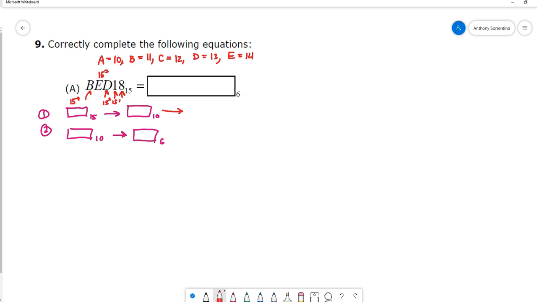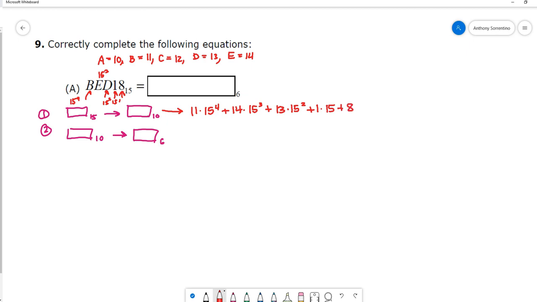So, BED18 base 15 is going to be essentially, I'm going to have 11 times 15 to the fourth, plus E would be 14 times 15 cubed, plus D, which represents a 13, times 15 squared, plus 1 times 15, and the units position is just going to be an 8.